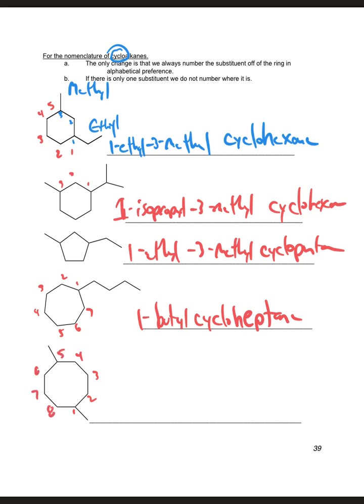Doesn't matter which way we number, we're going to get a 1 and a 5, no matter which way we number it. So this is a 1,5 dimethyl cyclooctane. So there are two O's there because you have the cyclo O and the octane O. So make sure you get both of those in there as you're going along.